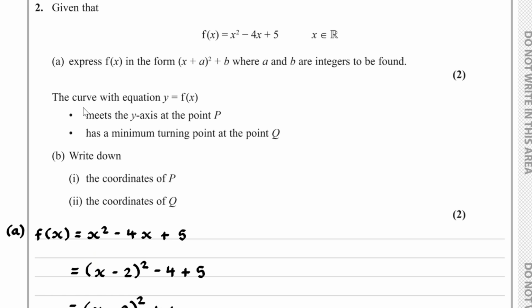Now, for part B, the curve with equation y equals f of x meets the y-axis at the point P and has a minimum turning point at the point Q. We have to write down the coordinates of P and the coordinates of Q. Where the graph meets the y-axis, that's when x is equal to 0.